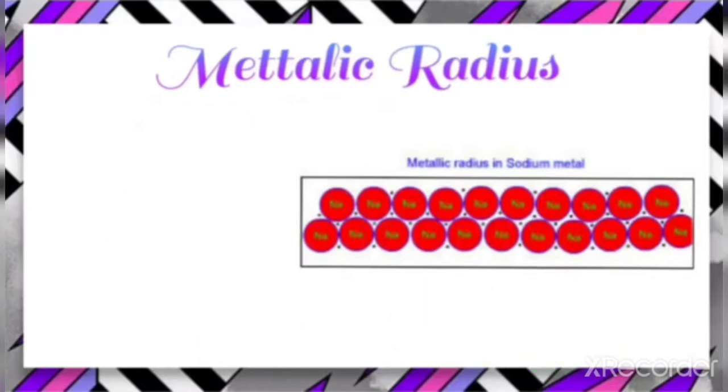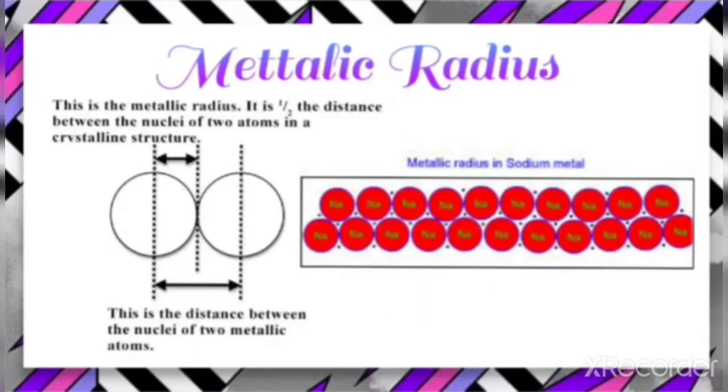So let us define the metallic radius. Metallic radius is half of the distance between the nuclei of two atoms in a crystalline structure. And that is also important: these two atoms should be adjacent to each other. Why? Because if we take the distance from the center of this atom to the center of that atom, that distance will never give the radius of that atom.